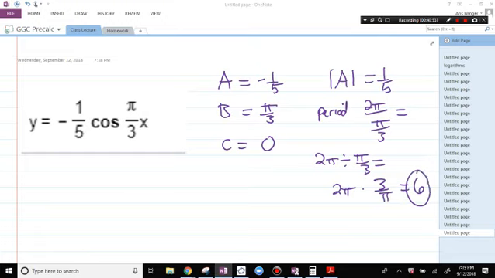It repeats every 6 units. Phase shift is C over B. What's that going to be? 0 over pi/3, 0. You're not shifting it any units to the left or to the right.